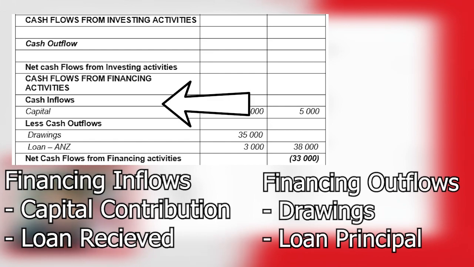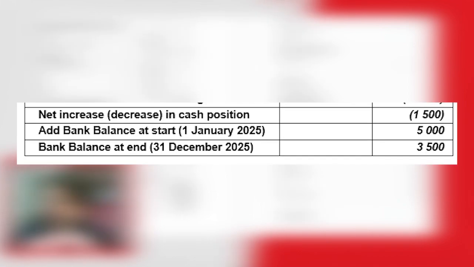Not the interest, the loan principal. Please remember that. Interest obviously goes in operating. At the bottom, you can see net cash flow from financing, so that's again that summary. But then we have the bottom three, net increase or decrease in cash position.